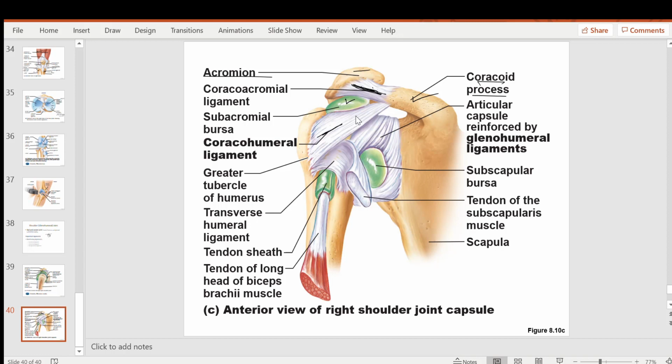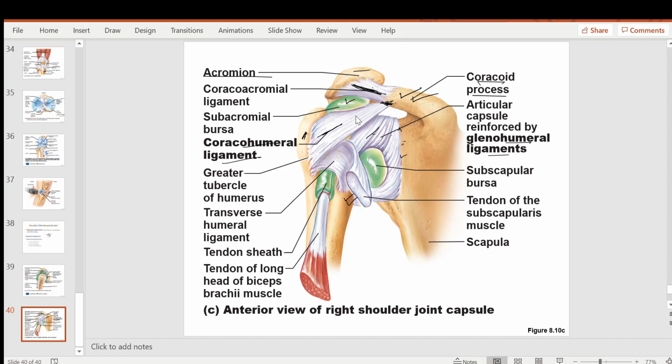This is called the coracohumeral ligament. You see, this is the coracoid process, so this end is attached to the coracoid, and this is the humerus, the bone, so coracohumeral ligament. Makes sense. There are three glenohumeral ligaments. So this is the humerus, and this is the glenoid cavity inside these ligaments. So these three ligaments here connect the humerus and glenoid.